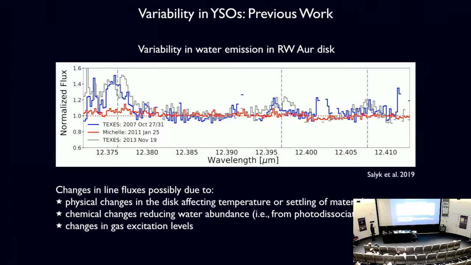Chemical changes could reduce water abundance through photodissociation, or you get dimming from one arm of the disk, perhaps. You also get changes in gas excitation levels, so you get temperature changes. If you have some kind of photodissociation effect heating up the water, you're going to see more emission because there are more excited water molecules.